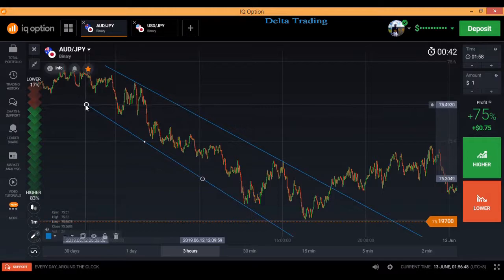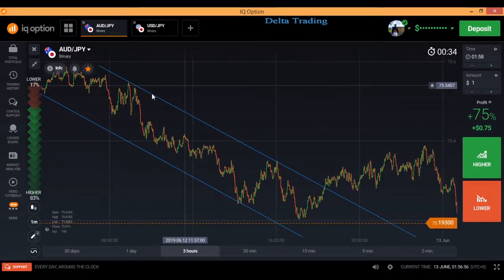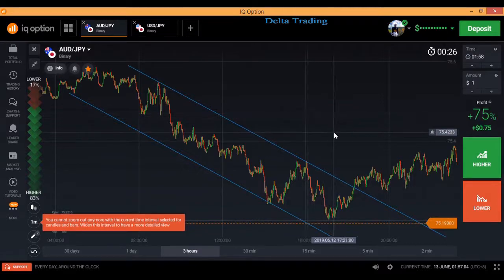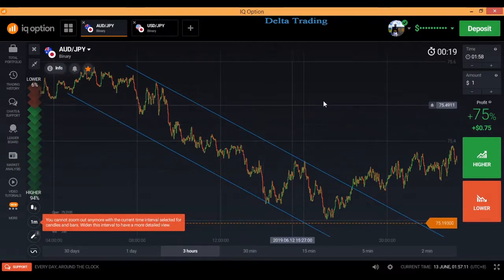What I am drawing right now is the channel of the trend. As you see, the area between the blue lines is what we call the trend channel. So it is obvious that the trend here is a major downtrend.